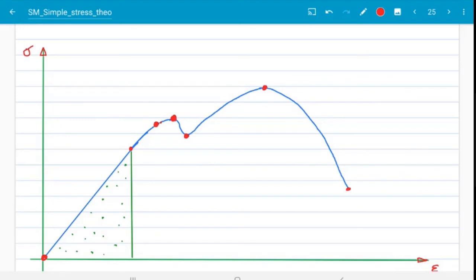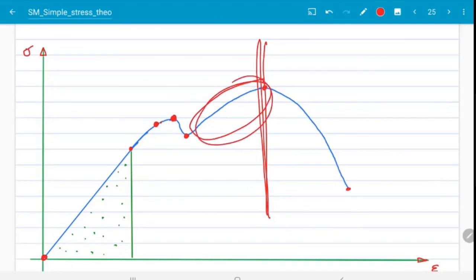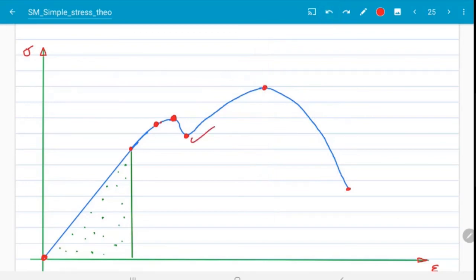So during the metal forming process, this portion is used. We should not use this portion because necking is formed. Material starts separating. It means inside crack is formed. So we should not use this portion. During the metal forming process, we are using this portion of the stress strain curve.